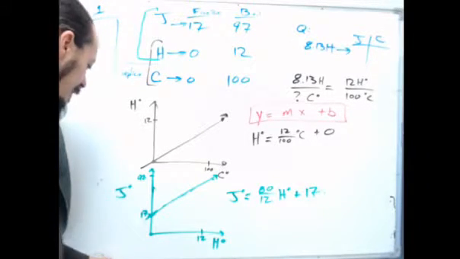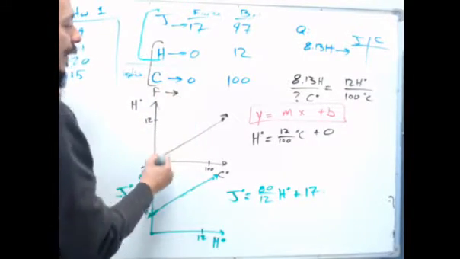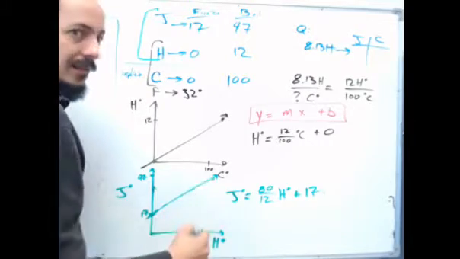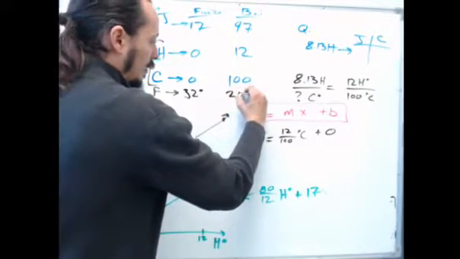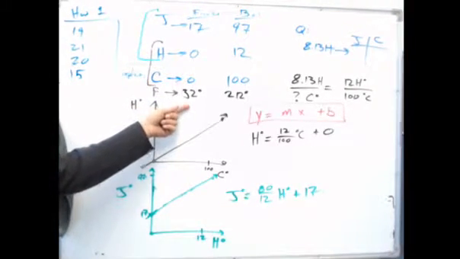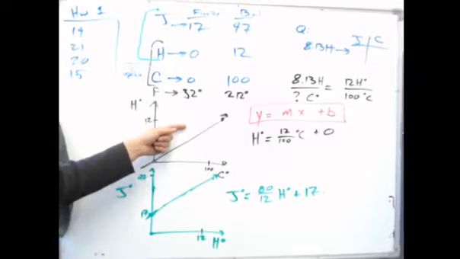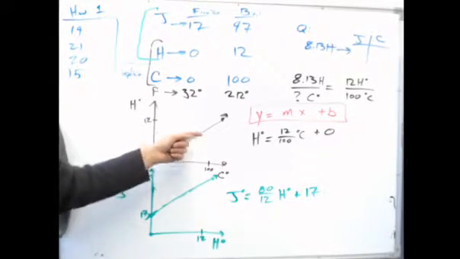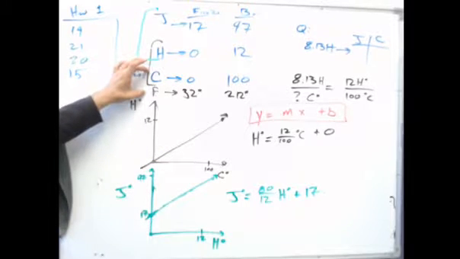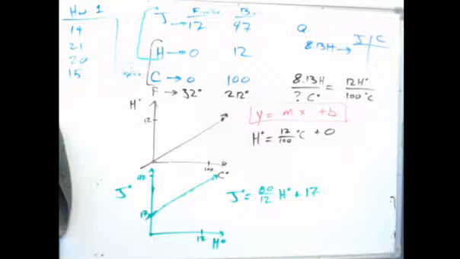So we could do the same thing if we wanted to relate Celsius to Fahrenheit: 32 degrees for freezing, and then 212 degrees for boiling. I wrote the wrong word at first. And now we can make a relationship between these two, and you'll get the equation on your equation sheet.